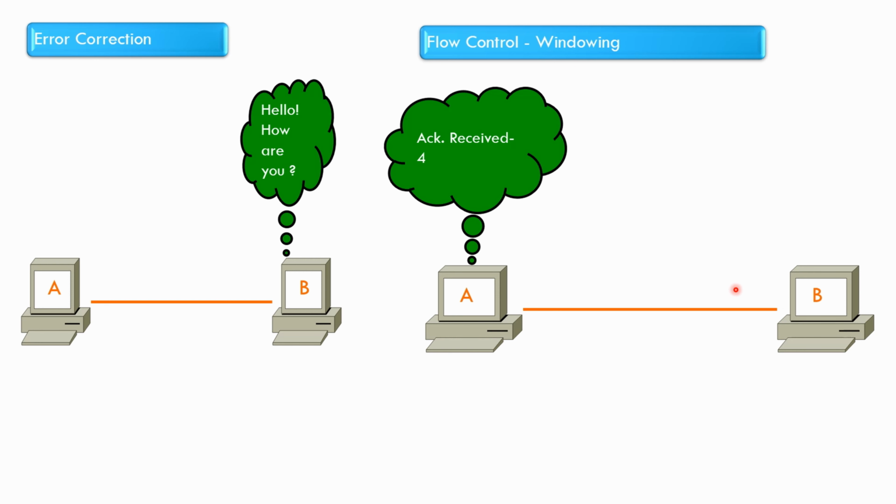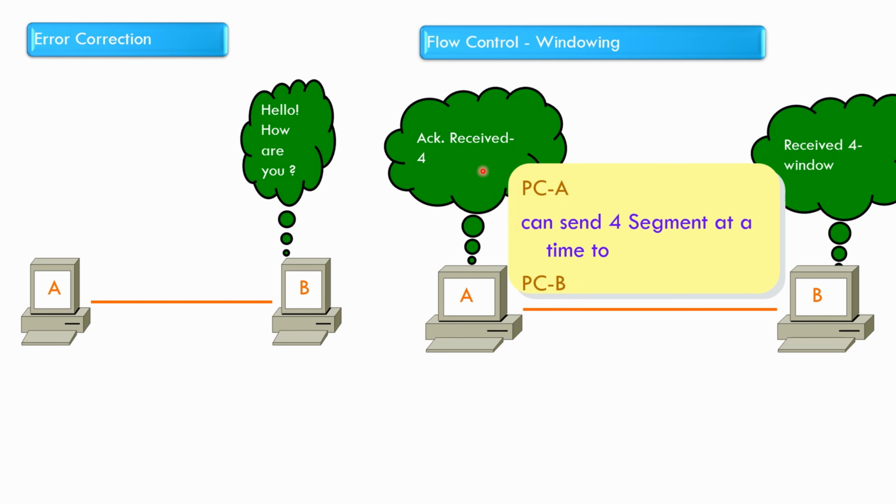Like for example, in this case it acknowledged receiving a window size of 4, so this PC A can send 4 segments at a time to the PC B. It will reassemble the 4 segments at a time, so it will receive the 4 windowing size. It's called windowing: how many segments will be sent at a time to the receiver.